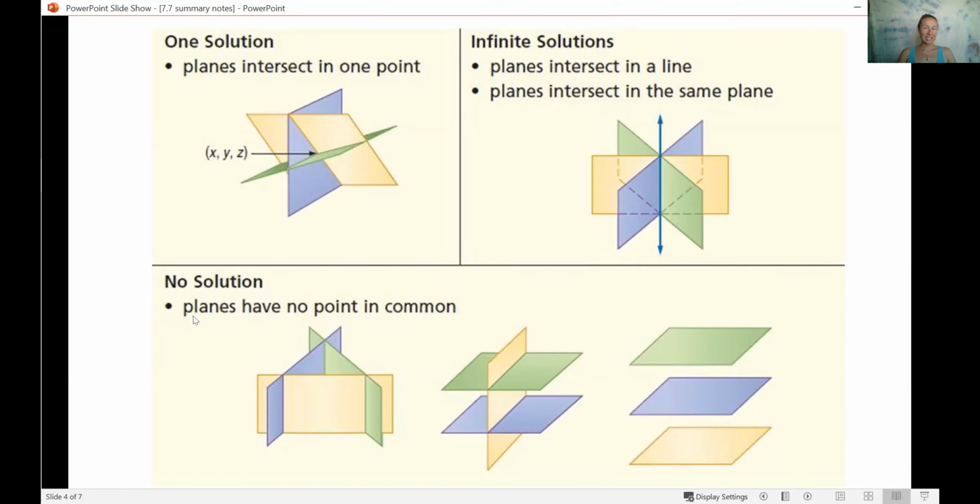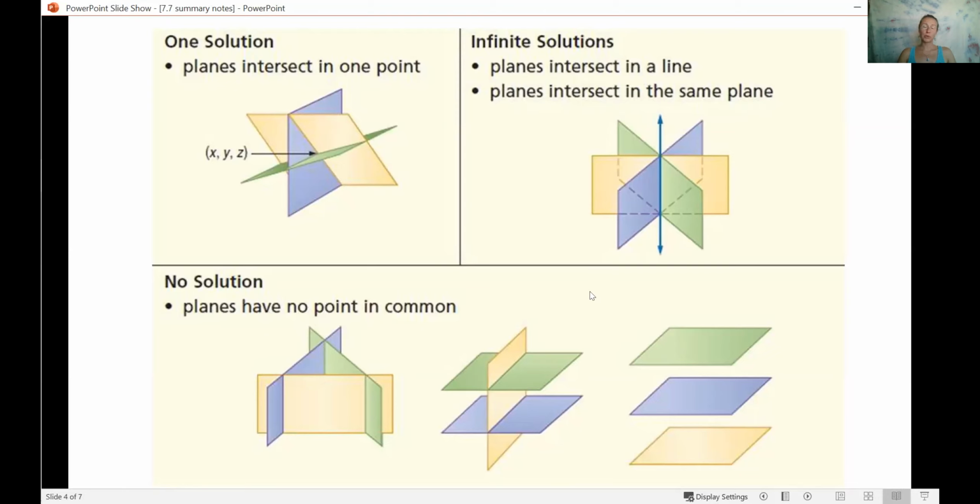There's also a possibility that we have no solutions. You can see from these 3 pictures how we could have 3 planes in space that never all 3 overlap in one point. They could overlap at different points, or if they're all parallel planes, they're never going to overlap.